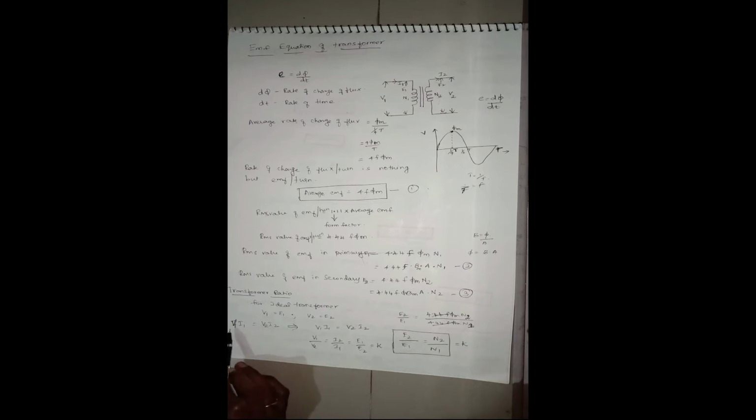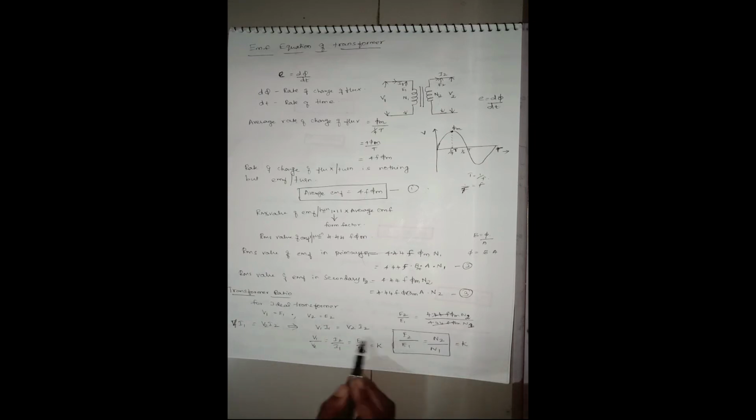Therefore, V1 into I1 is the power in the primary, and V2 I2 is the power in the secondary. The power equation of the primary should be equal to the power equation of the secondary. This is for all transformers. Therefore, V1 I1 is equal to V2 I2.